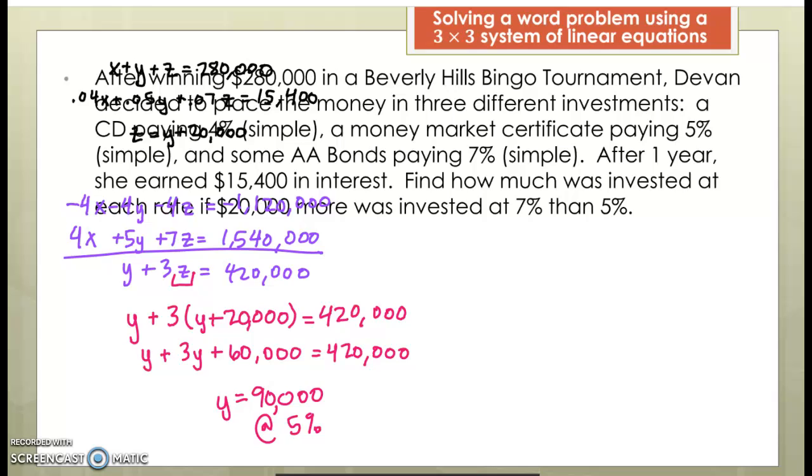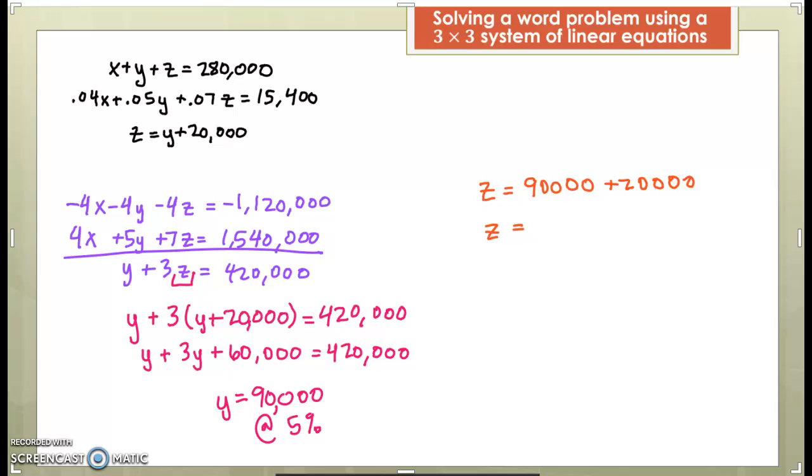But my third equation, didn't that tell me that z was equal to y, or 90,000, plus 20,000. So that means Z is going to be equal to 80,000. Oh no, sorry, 110,000. I was looking at the wrong one. 110,000.